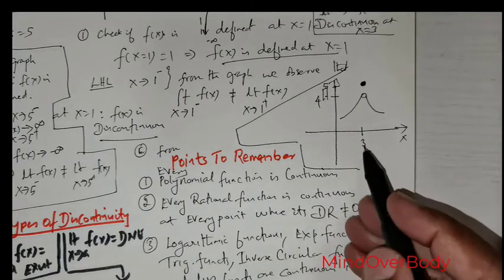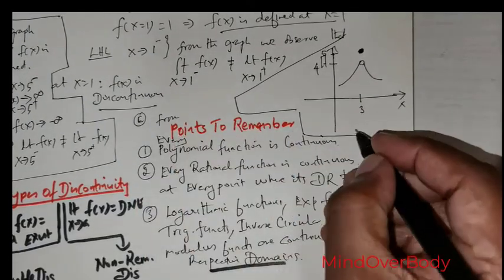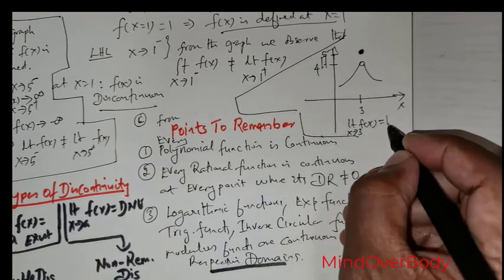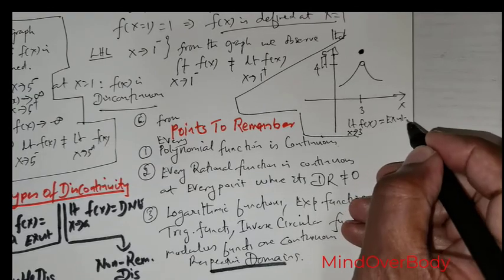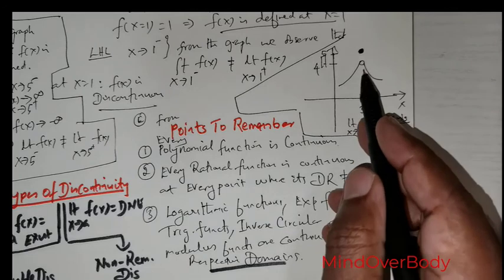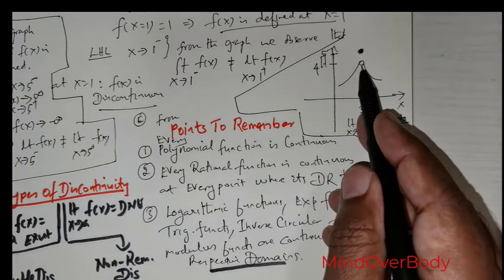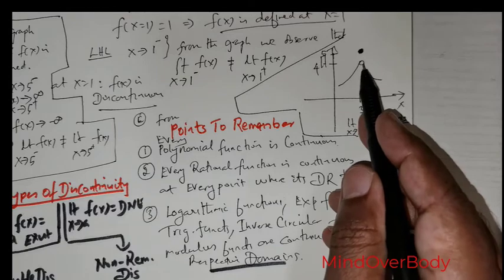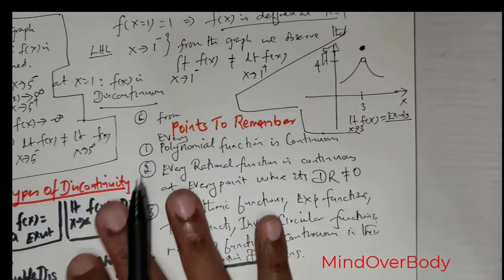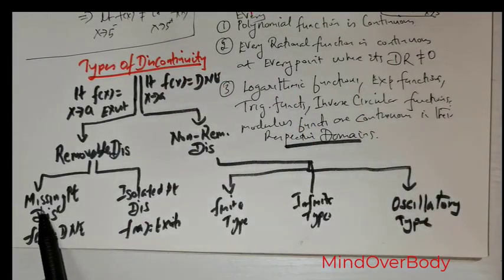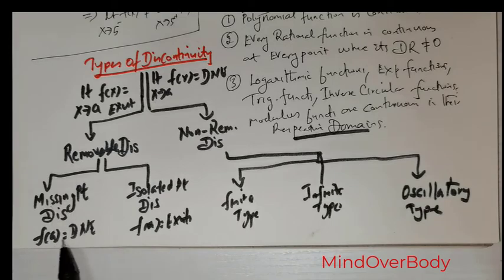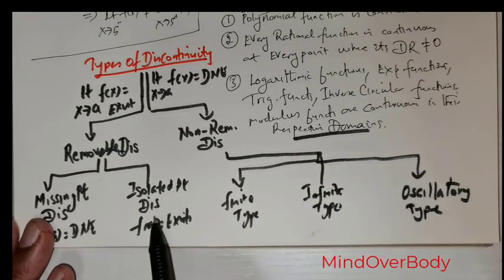So in this case clearly we can see that limit x tending to 3 of f of x exists, and we can see that the function has a discontinuity, and it is a removable discontinuity. Now we will have to make a decision whether it is a missing point discontinuity or an isolated point discontinuity. If it is a missing point discontinuity, f of a does not exist. If it is an isolated point, f of a exists.